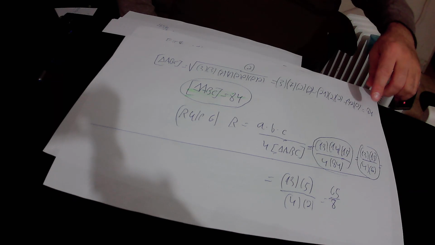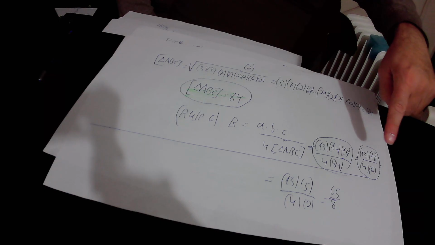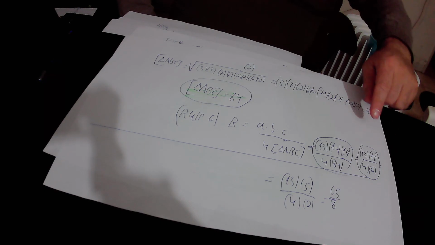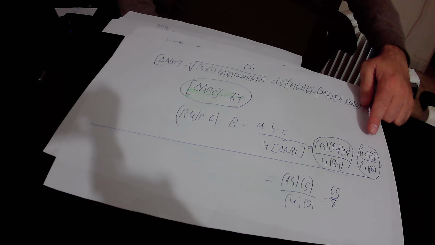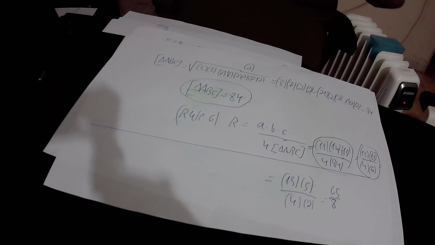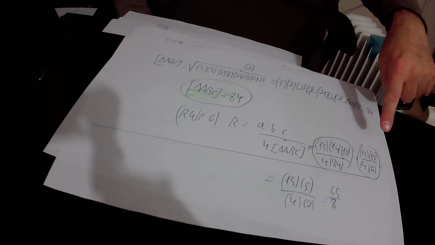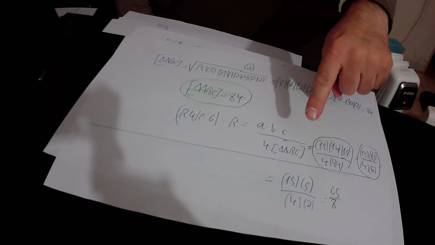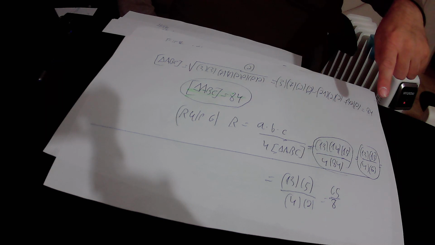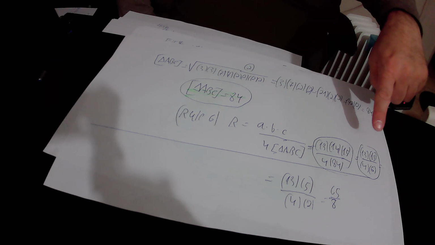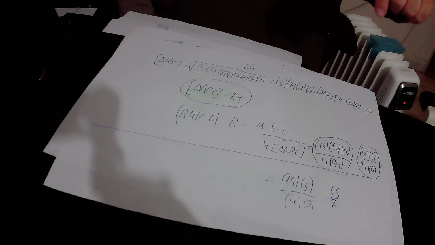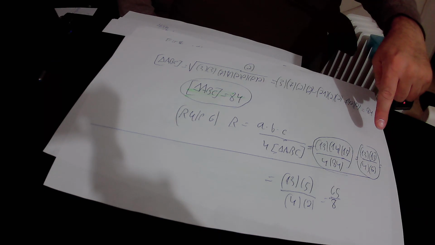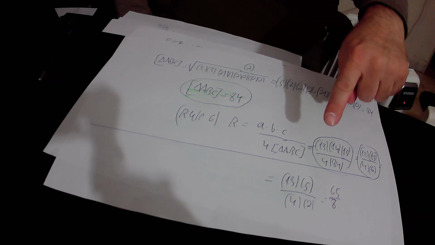In the next step we divided both the numerator and the denominator of this expression by 3. So in the numerator we have 13 times 15, so it is 13 times 15 over 3, which is 5. So in total, in the numerator we are left only with 13 times 5. In the denominator we have 4 times 6.